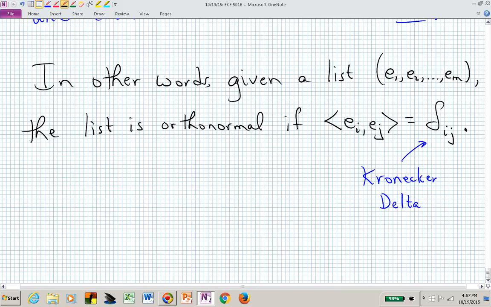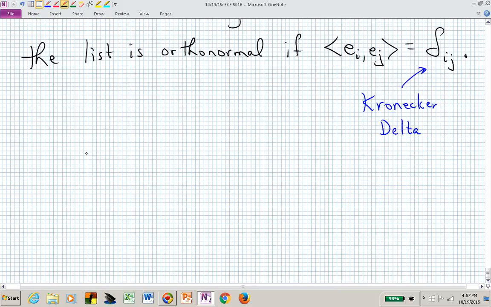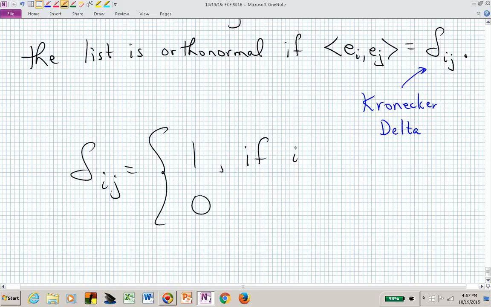It's 1 when the subscripts are equal, and it's 0 when the subscripts are not equal. So delta sub ij is 1 if i equals j, and it's 0 otherwise.